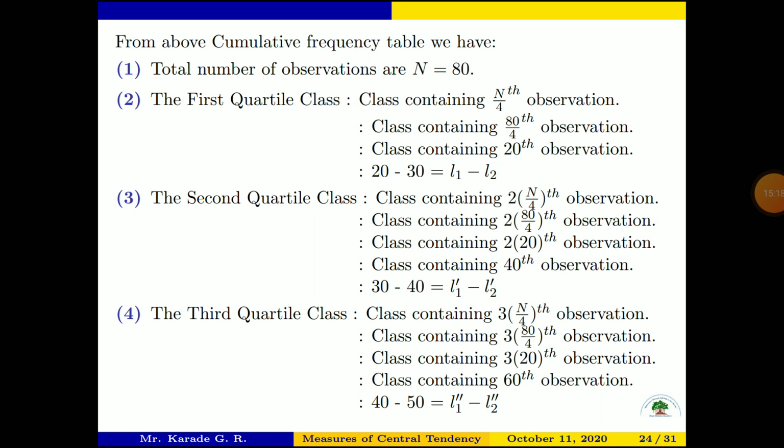Okay, so in the first step the total number of observations is n equal to 80.